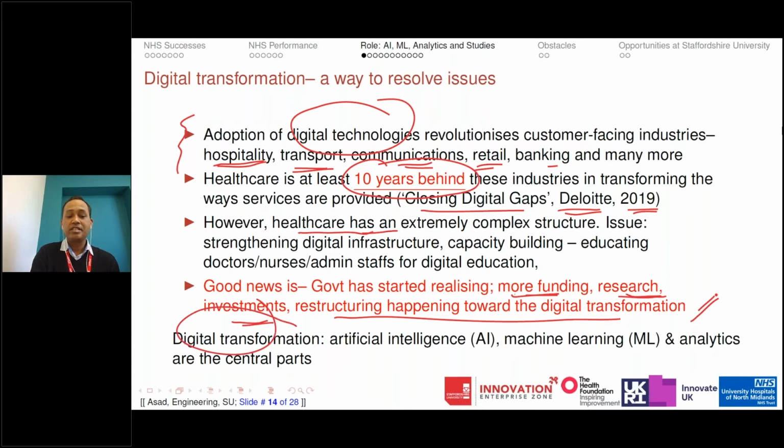The central parts of digital transformation are, of course, the communication technologies, 4G and 5G, but some important things are analytics, machine learning, and artificial intelligence, particularly when you talk about the delivery of care, or in some cases clinical procedures.